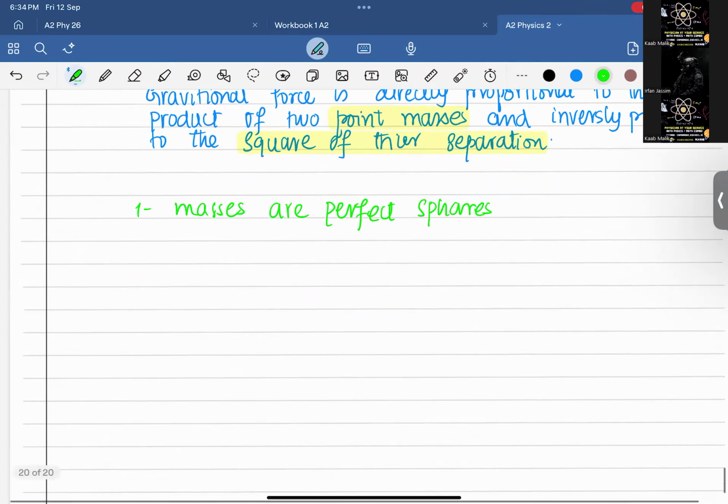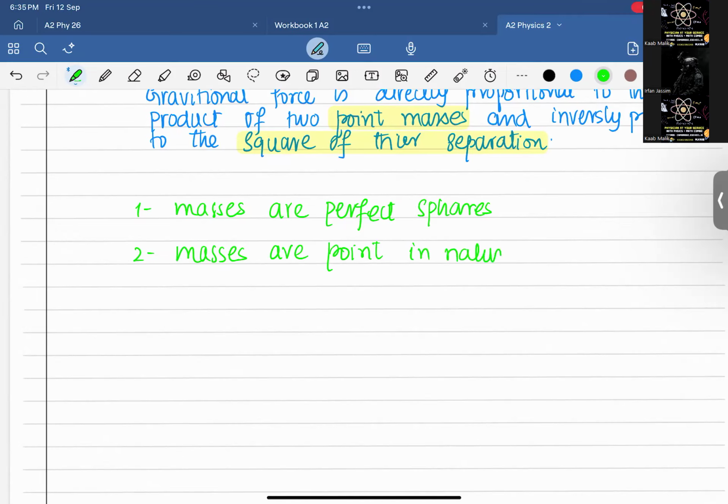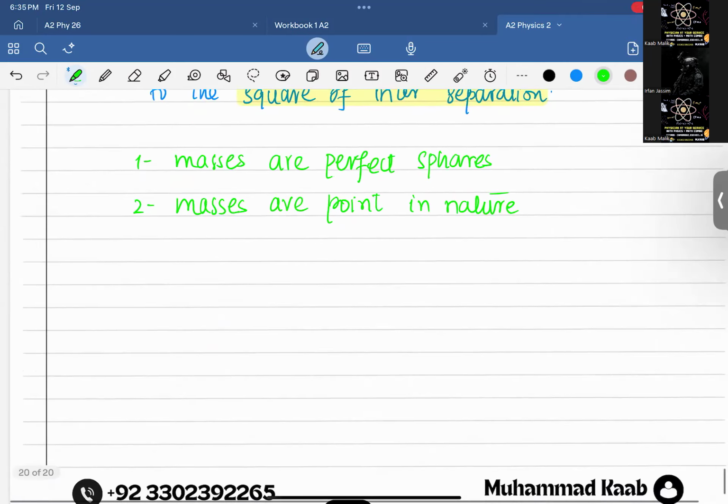The second is that masses are point in nature, which means a point mass is when the mass is viewed from a very long distance, so it looks like a point mass. Like if you're traveling in a plane and you look out from the window, you see everything like a point. So this is what point nature means.